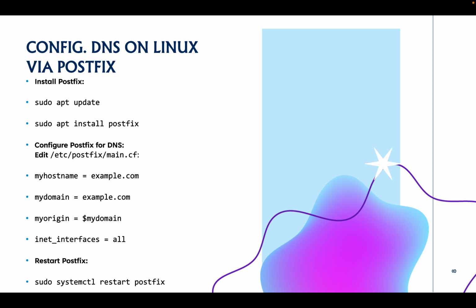The domain would be whatever domain, and the origin would be whatever domain you wanted it to, and the interfaces would be set to all. And then finally, you would restart postfix using the sudo systemctl restart postfix command.